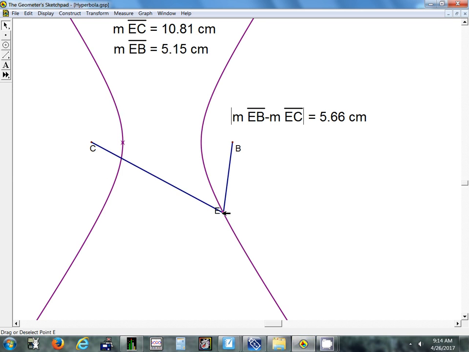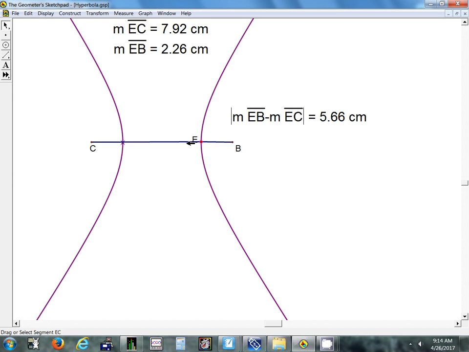5.66 is the difference. It's the distance between the two, but it's not the distance from C to B. It's this distance minus that distance. The distance from E to C is about 7.9, and from E to B, it's about 2.3. Yeah, but from B to C, it's 5.66. No, because if you add the two, that doesn't equal 5.66.